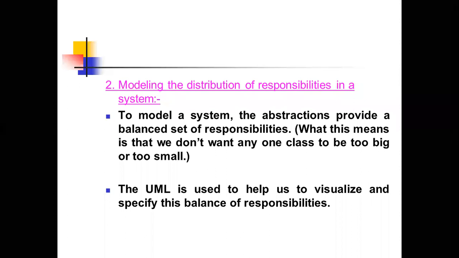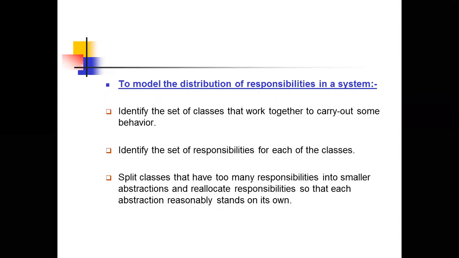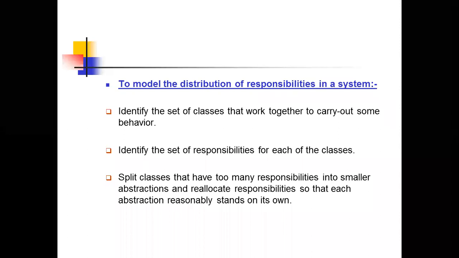Then the UML is used to help us visualize and specify this balance of responsibilities. There are several diagrams in UML, and by using them we balance the responsibilities between several classes. For that, we have to identify the set of classes that work together to carry out the behavior, and the set of responsibilities for each class.